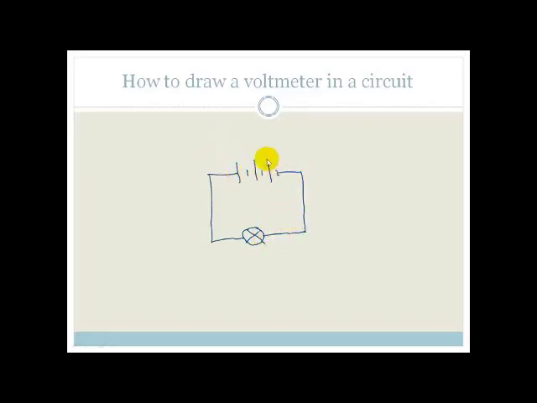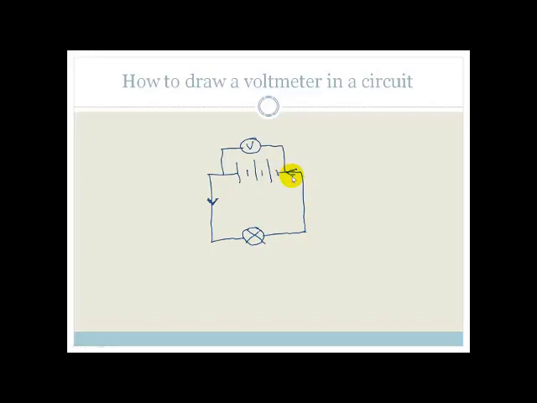Okay, now if I want to find out the potential difference across my battery, I would place a voltmeter here across it. Do you see it's not part of the circuit? The conventional current of the circuit is actually traveling from the positive through here and back through here.